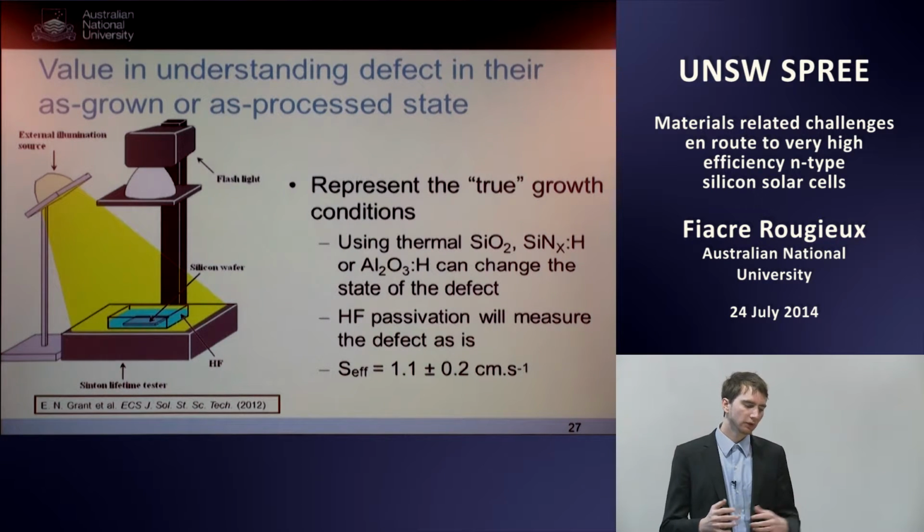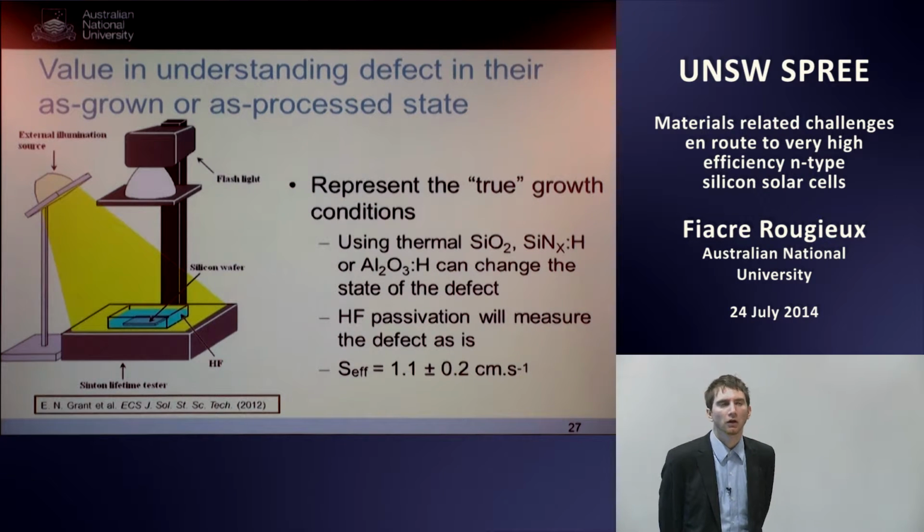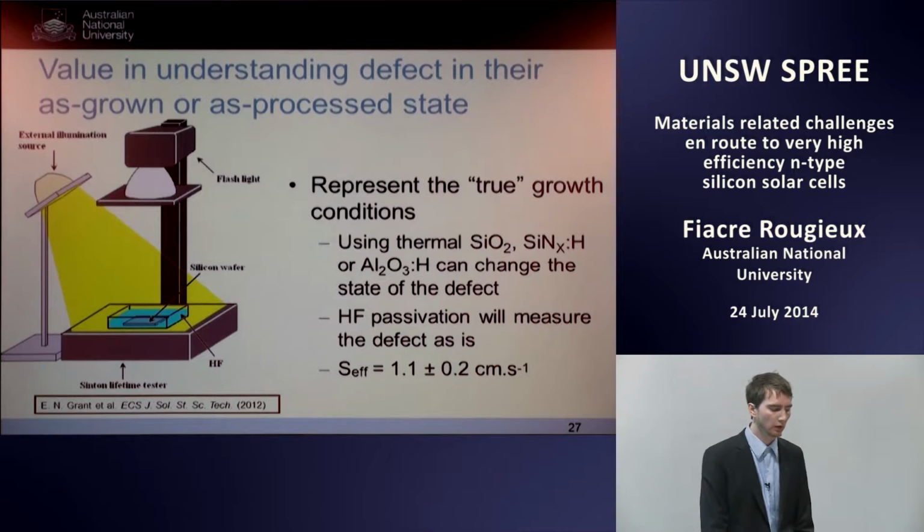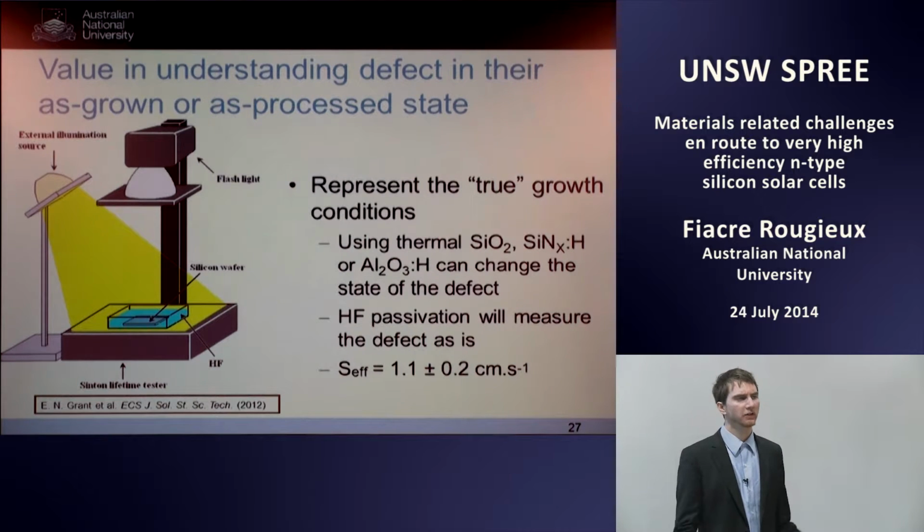So this is really an advantage over silicon oxide, silicon nitride, or aluminum oxide passivation. Here we're really looking at the bulk. And we also get quite a low surface recombination velocity on a typical 1 ohm centimeter N-type wafer.